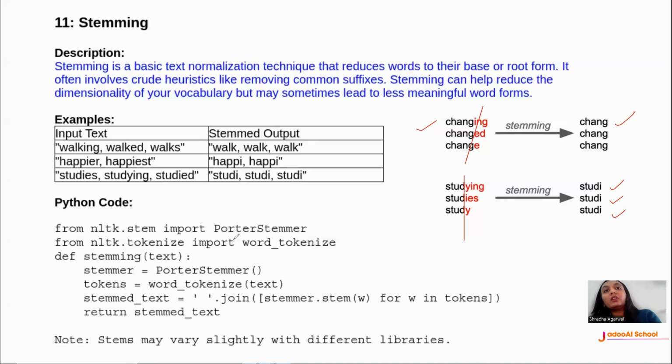So how is stemming done? Again, you see, we are using a library called NLTK, the same library, and we are now calling a stemmer, which is the Porter stemmer, right? So this is the stemmer that we are using. Now, what does the stemmer do? Behind it is a certain kind of vocabulary where all the words are converted into a particular word.